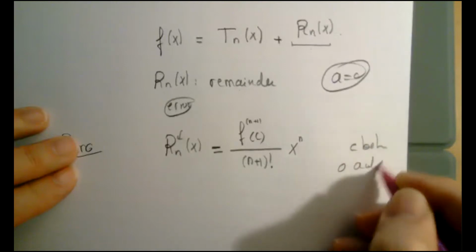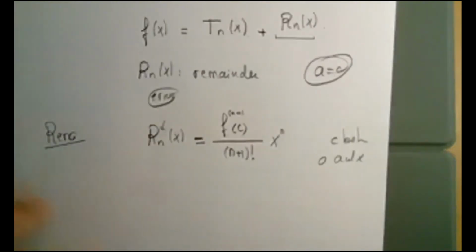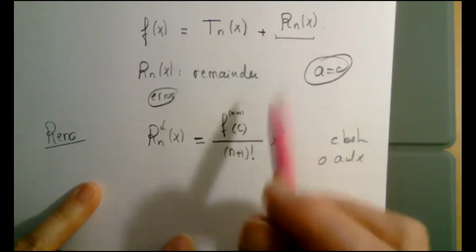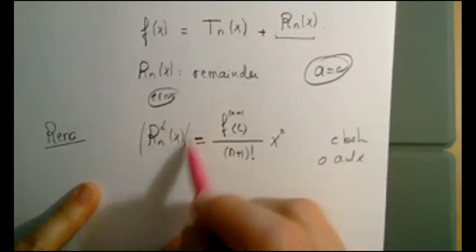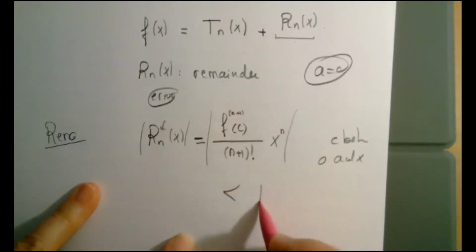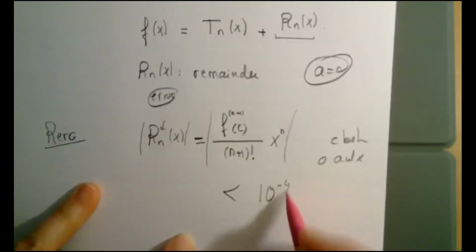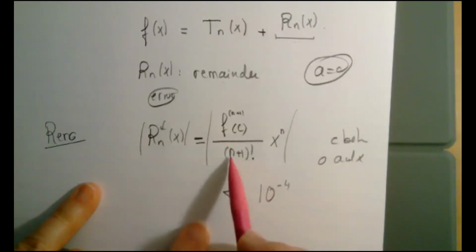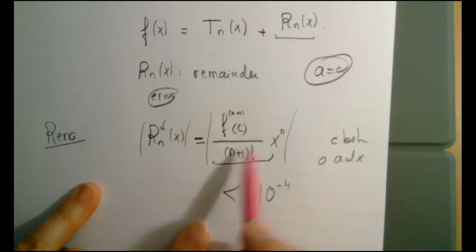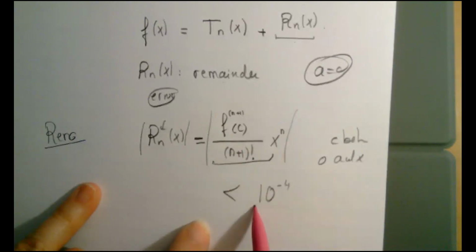where c is between 0 and x. What does this remainder formula actually help people to do? If I know what the remainder is, and I want this error to be less than 10 to the power minus 4, for example, they use this approach to ask themselves, how large can I pick n so that the error is less than what I want?